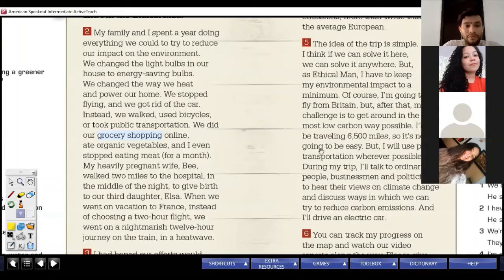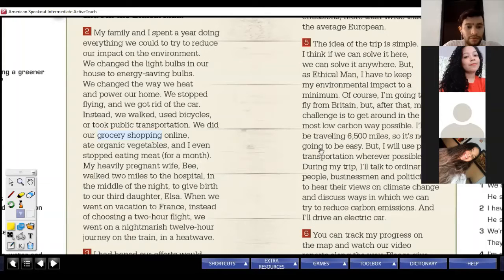We stopped flying and we got rid of the car. Instead, we walked, used bicycles, or took public transportation. We did our grocery shopping online, ate organic vegetables, and I even stopped eating meat for a month.